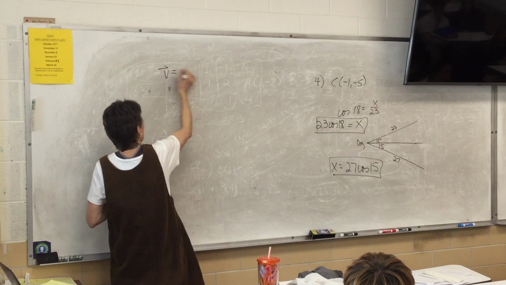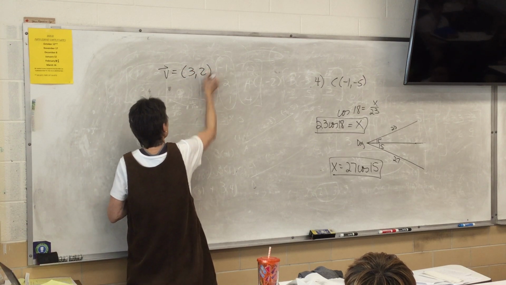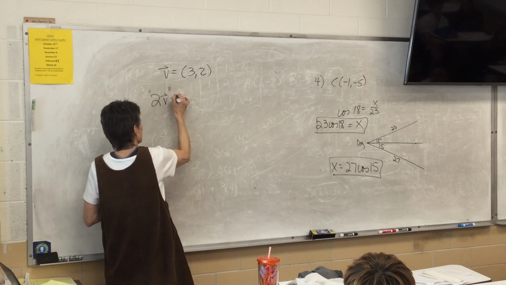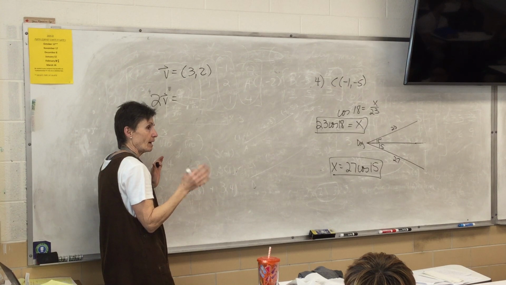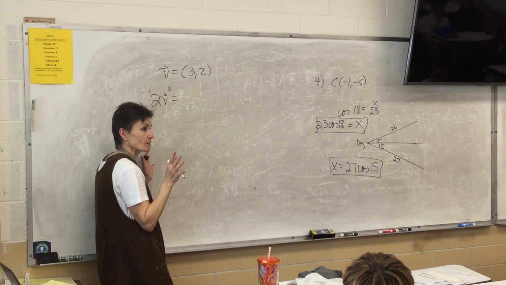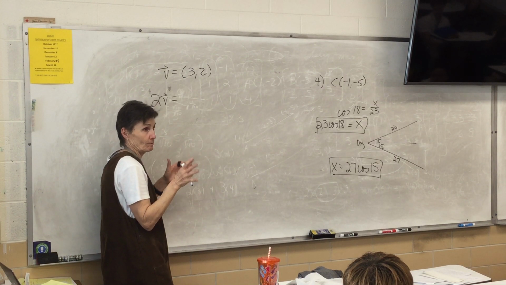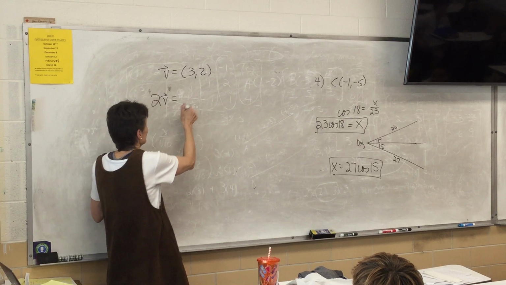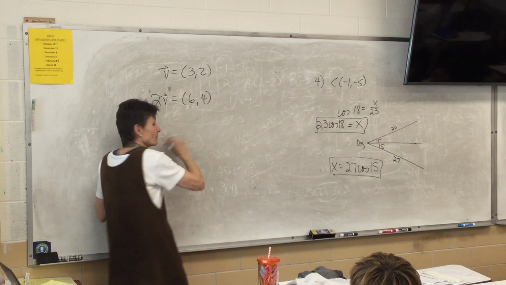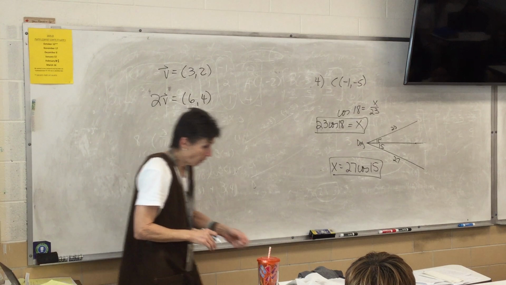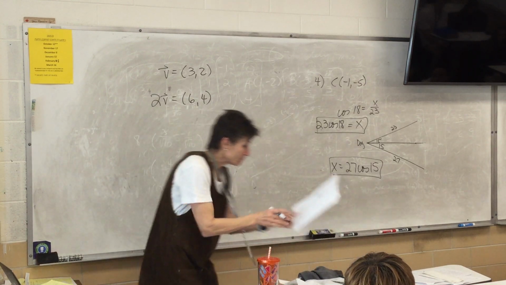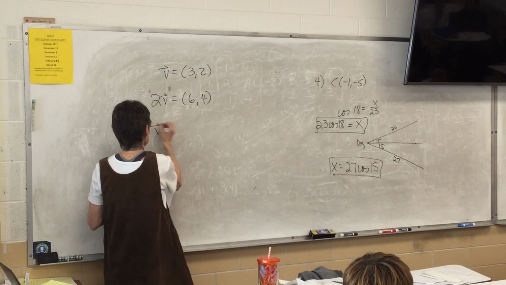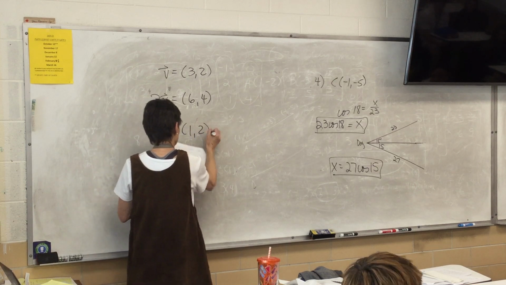So for example, if vector v is 3, 2, and I want to know 2v, it's real easy. I just distribute the 2. That's called scalar multiplication. So that would be 6, 4. We talked about that the other day. What we're going to do today is multiply actual vectors.